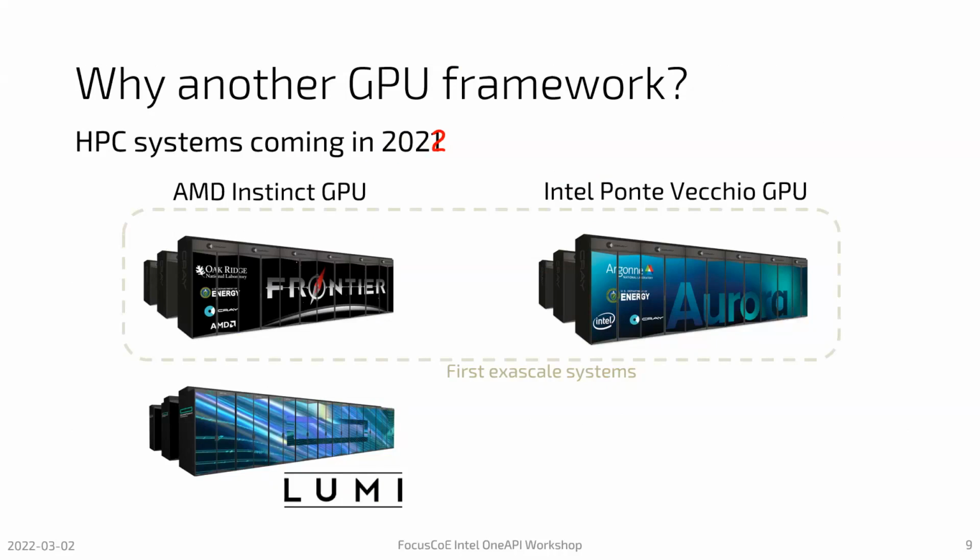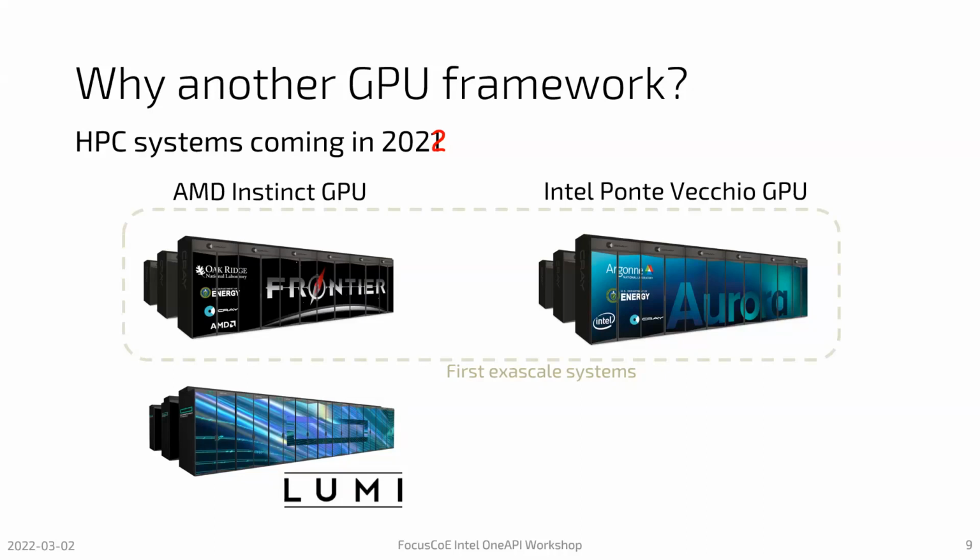And all those machines are not using NVIDIA GPUs, they're using either AMD or Intel. So we had to change our approach. It's not CUDA first anymore. We need to put more effort into supporting other vendors.